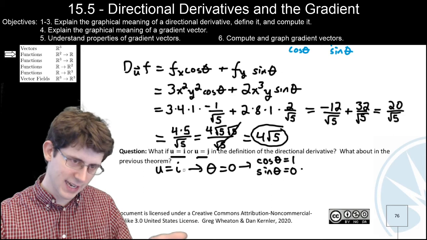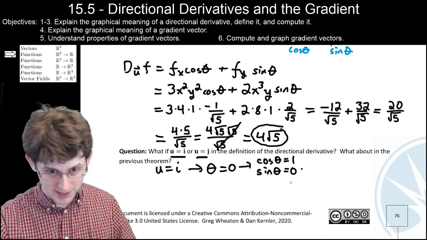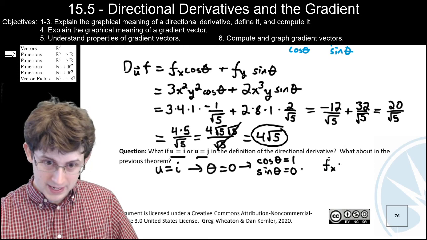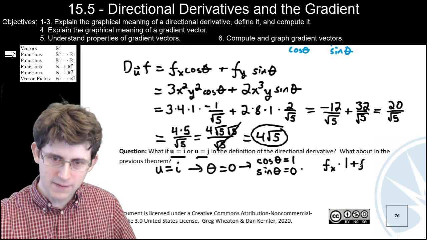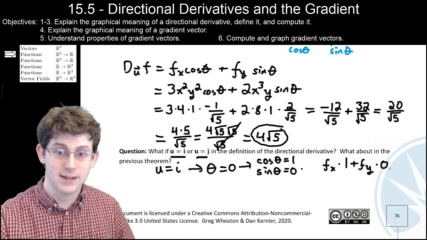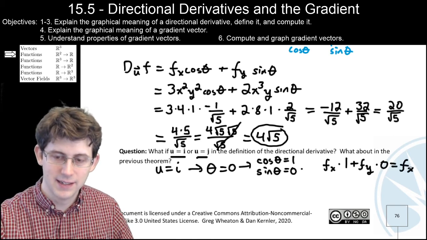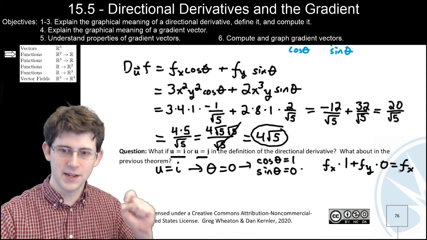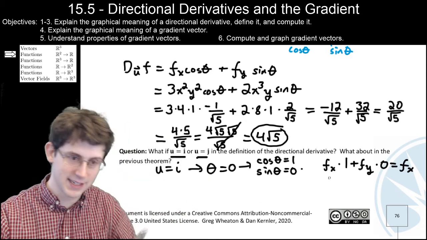But if you forget and you use the formula, then you'll go through all this, and then you'll do fx times cosine theta plus fy times sine theta, and you'll get fx. You'll go, aha, the directional derivative in the x direction is called fx. Like, yes, it is.